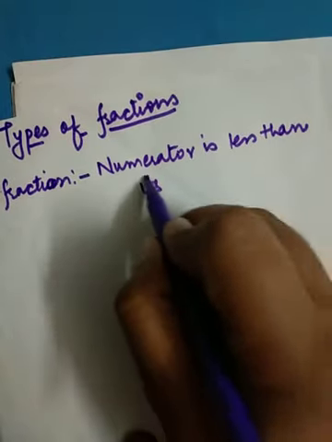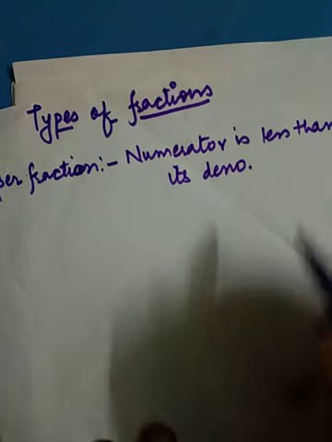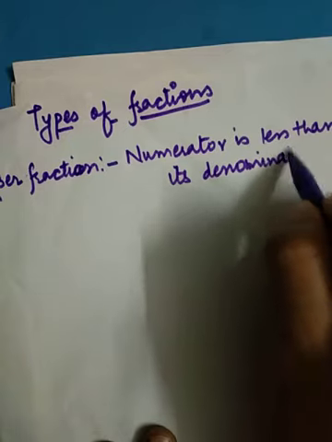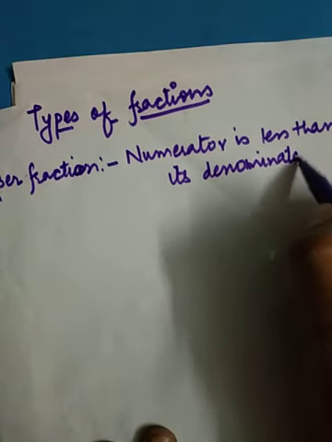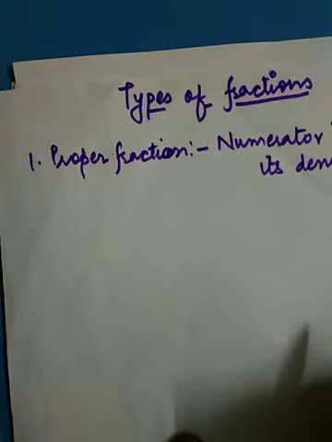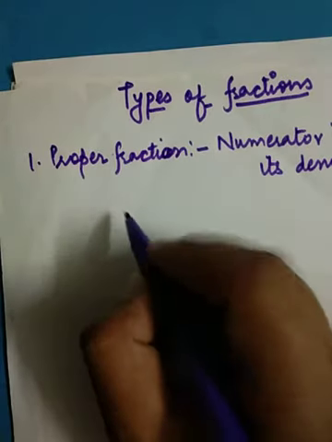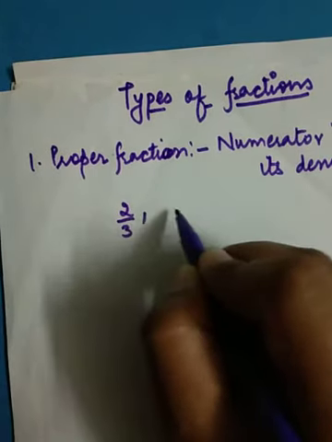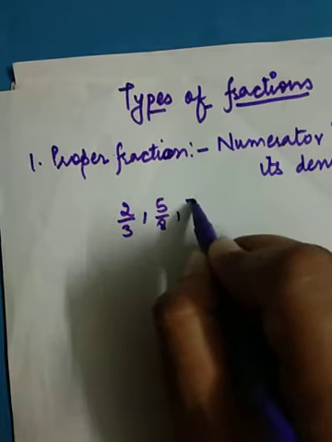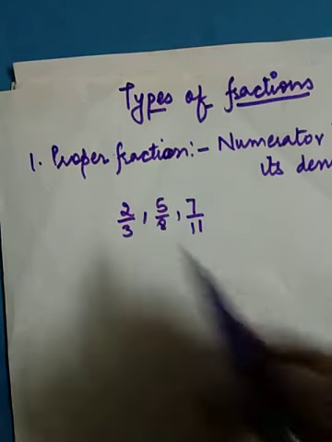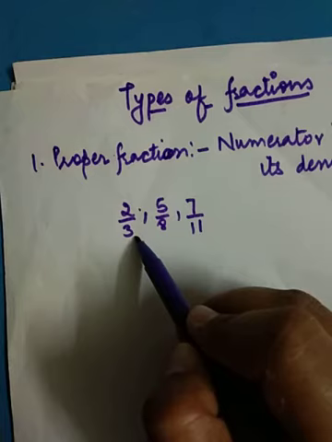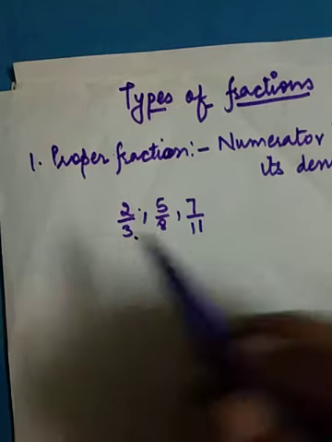When the numerator is less than its denominator, it is called a proper fraction. For example, we can take 2 by 3, 5 by 8, 7 by 11. Now the numerator is less than its denominator, so it is called a proper fraction.